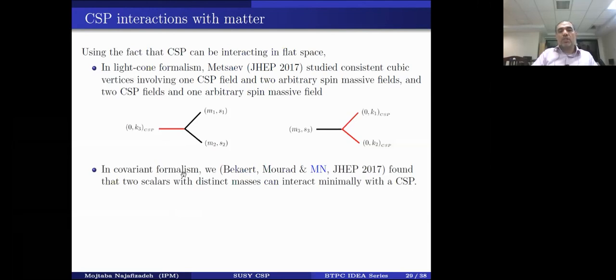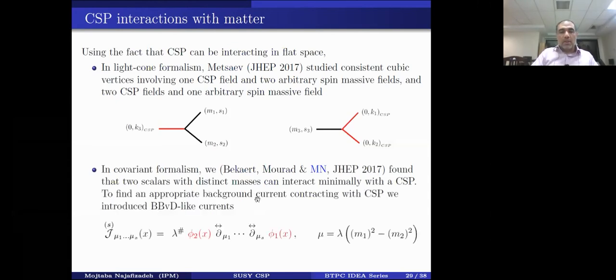In covariant formalism, we found that two scalars with distinct masses can interact minimally with a CSP. Indeed, we introduced a Berends-Burgers-van Dam-like current, which is this, with such derivatives here, using these two massive particles with masses of m1 and m2.